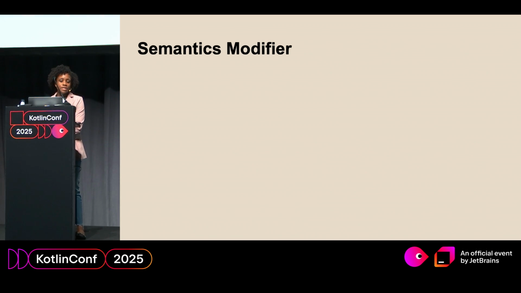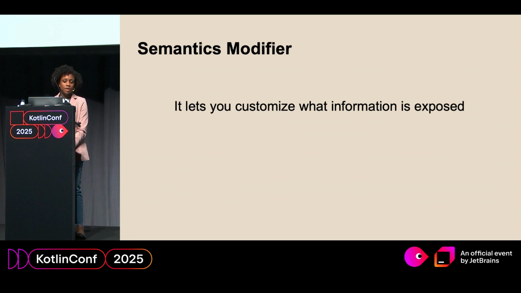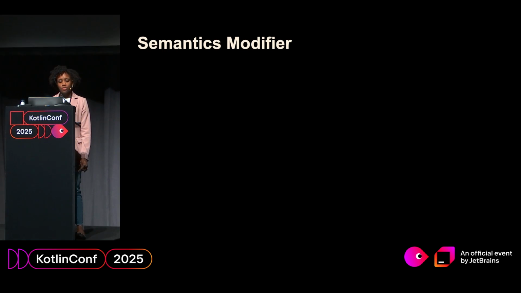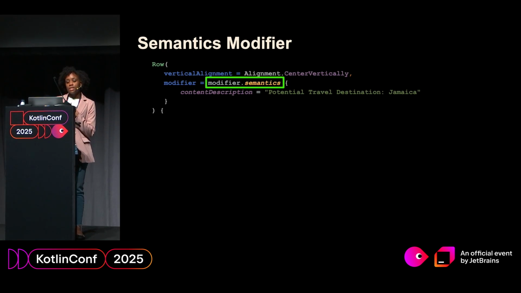Okay, so going into the semantics modifier, it lets you customize what information is exposed. So you can think of labels, roles, states, and available actions. Semantics give meaning to a piece of UI or an element. So here is how you would actually write it in code, in Kotlin, and then you'd be able to set your content description, which is what we saw in the previous few slides.